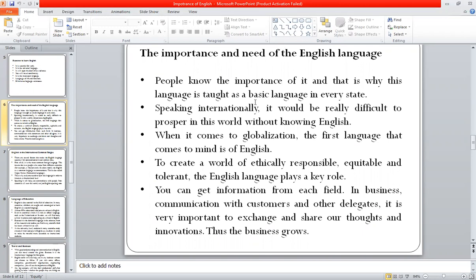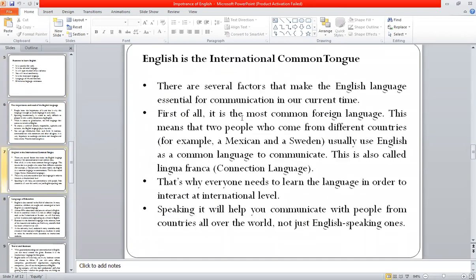Also we have discussed some of the points, like English as the international common tongue. So English is called the international common tongue or universal language. You can use it at each and every part of this world. You can communicate with this language.